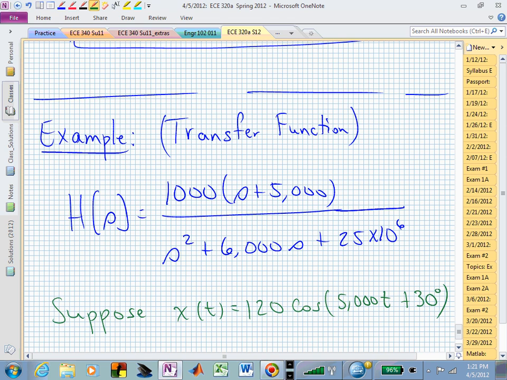Because I could excite that with a constant input and get a ramp out. A system that has a pole at the origin is like an integrator. And if you integrate a constant for all time, that integrator will just keep adding and adding, and you'll get a ramp. It's going to go unbounded.